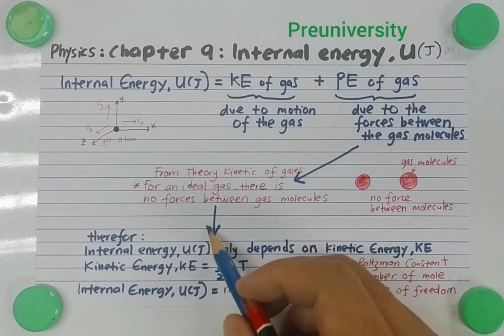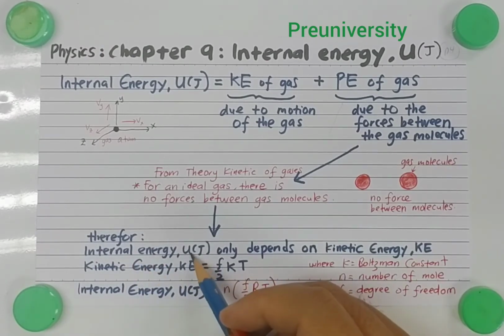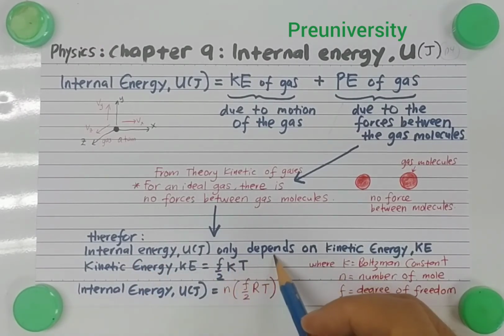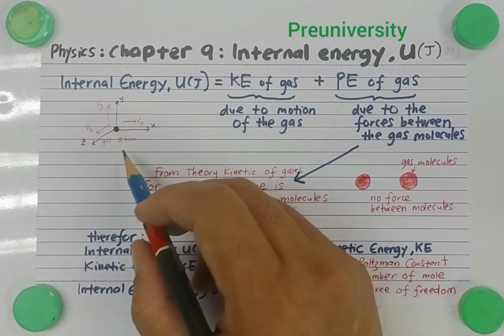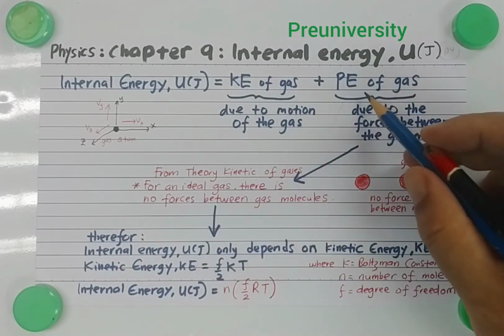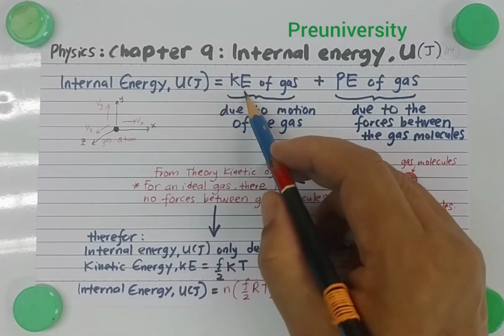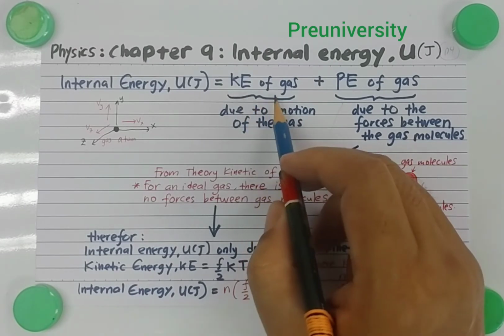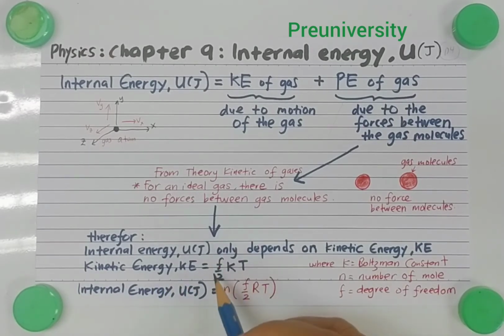Okay, so we continue. Therefore, because we do not consider the potential energy, the internal energy only depends on the kinetic energy of the gas molecule. The kinetic energy of the gas we can calculate by using this equation: F over 2 kT.